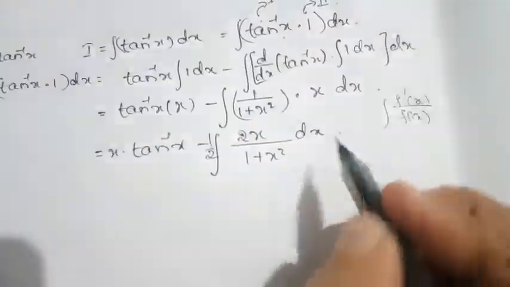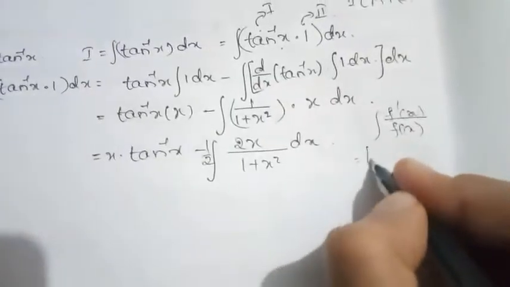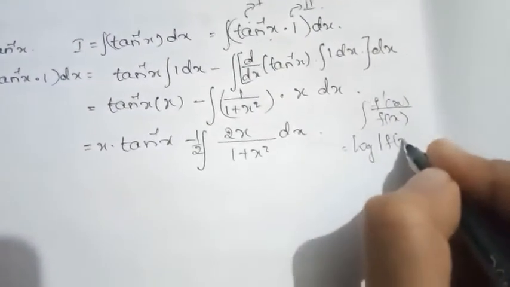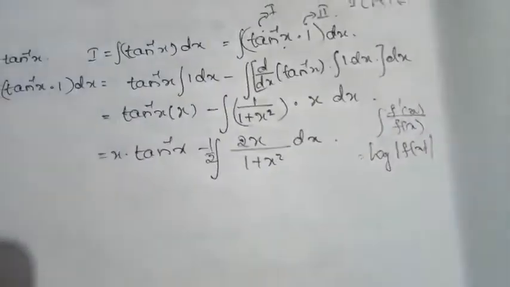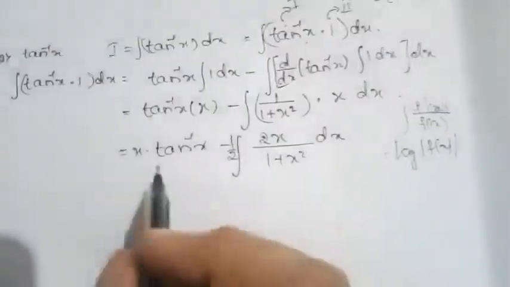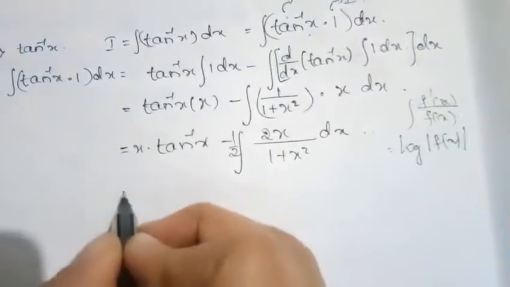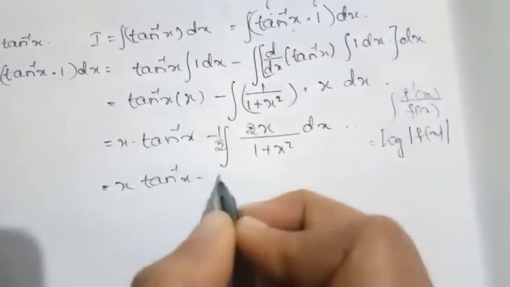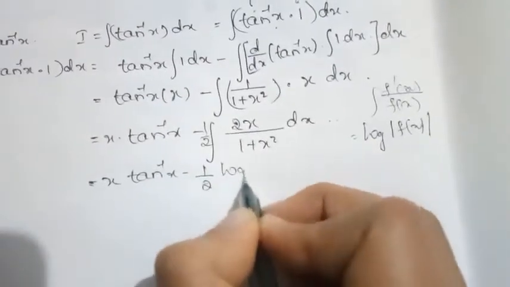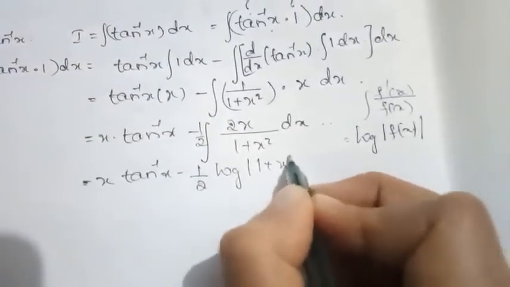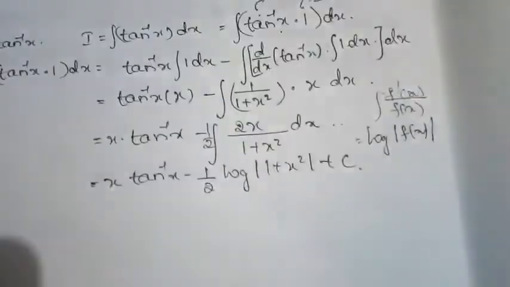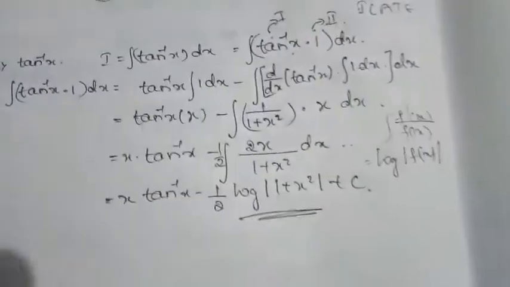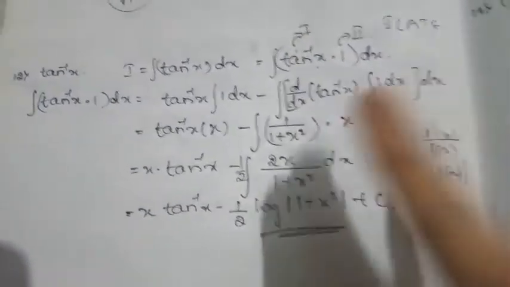If it is like this, as I said already, it is nothing but log of mod f of x. I have already said the formula regarding this in general, so I am dealing with it like that. X into tan inverse of x minus 1 by 2 log mod 1 plus x square plus c. So this is the integral of the given question.